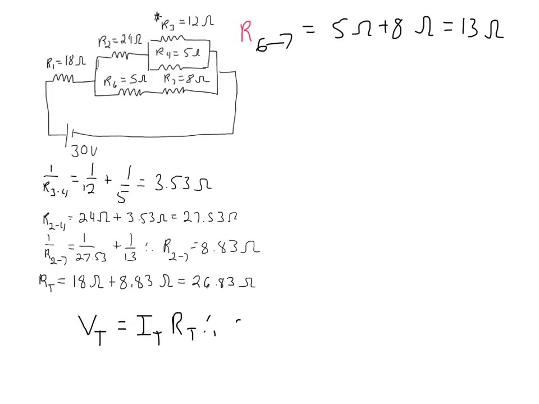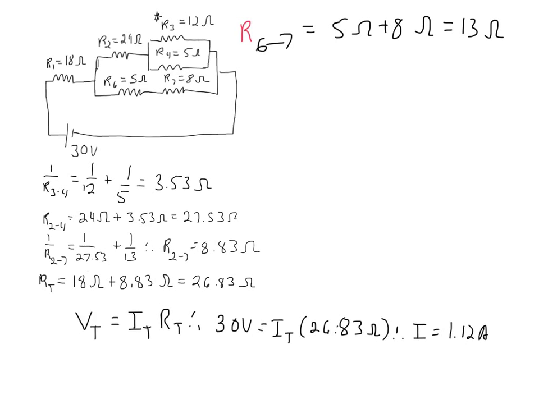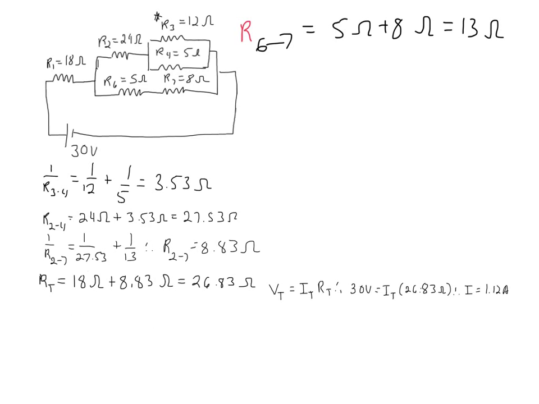And we have our total voltage is 30 volts equals our total current, which is what we're looking for, times our total resistance, which is 26.83 ohms. And we do that math, we should get I equals 1.12 amps. So that gives us the total current in all parts of the circuit.